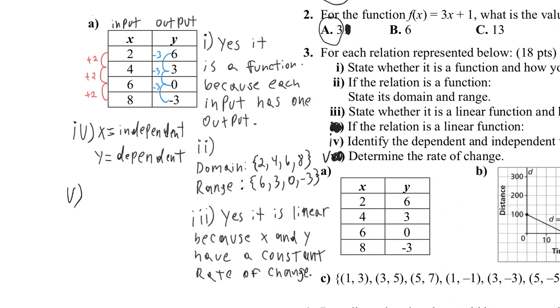But for now, the rate of change equals, well, in this case, we have a -3. That's how much our y value is changing by each time. And now it's always in fraction form. X we have going up by 2 each time. So the rate of change is -3 over 2.